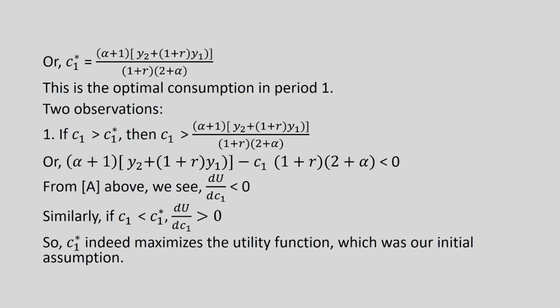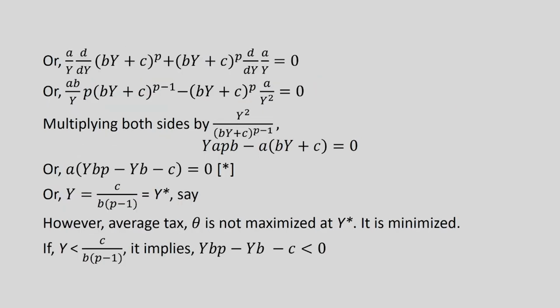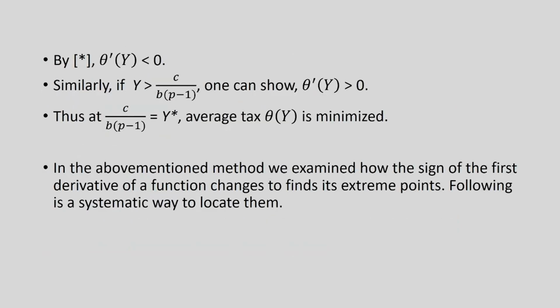Okay. Now in this topic, we have talked about some of the basic ideas of optimization. We have talked about what is called the first derivative test of optimization. Let me take you to that particular part. So here the idea is that if you have a function of a single variable, we look at the sign of the first derivative of the function to find the extreme points, right?